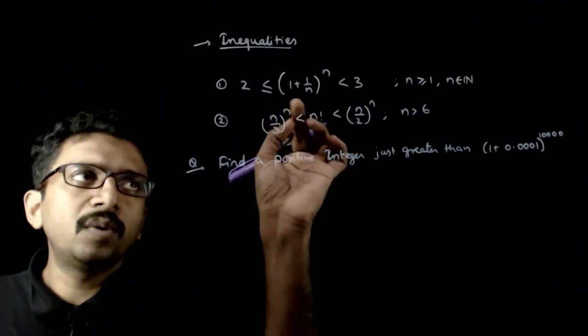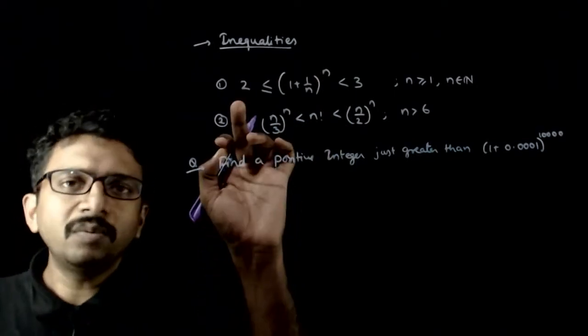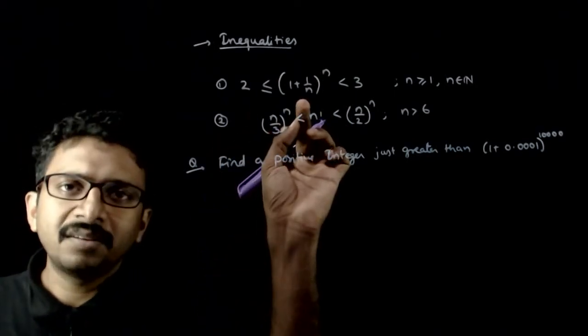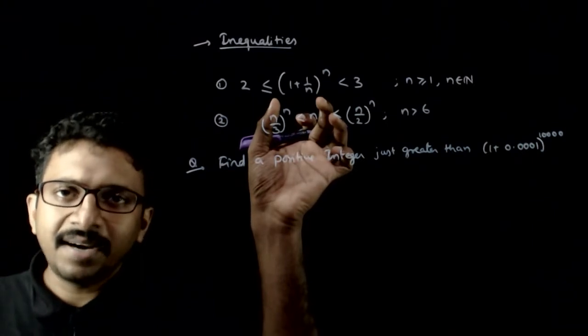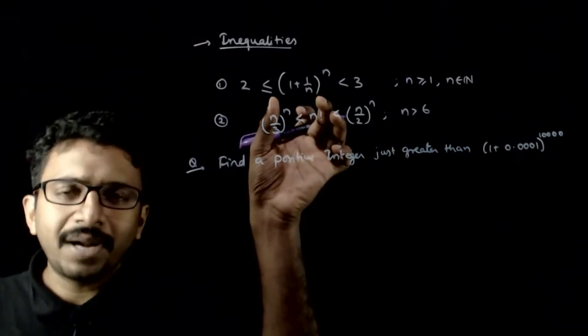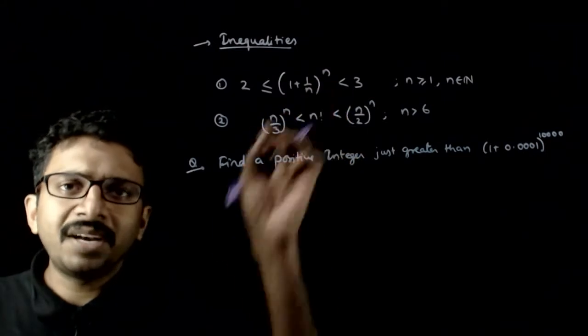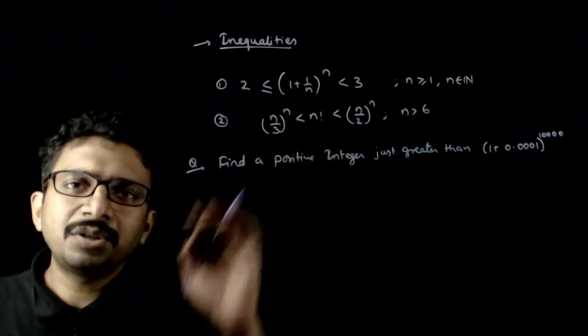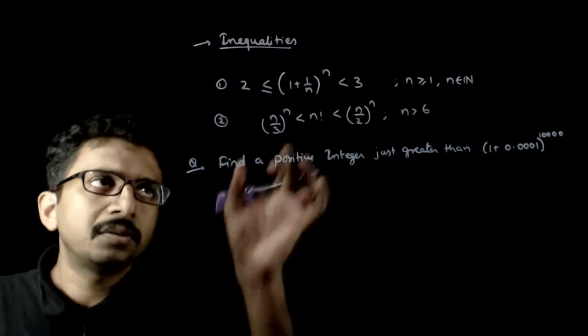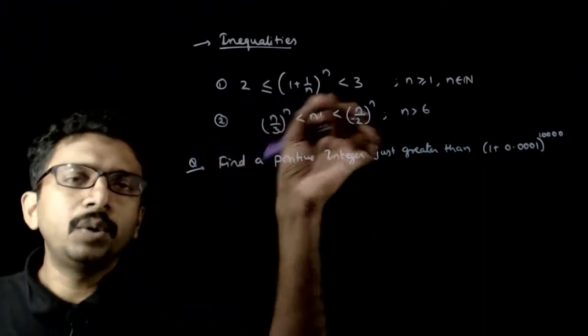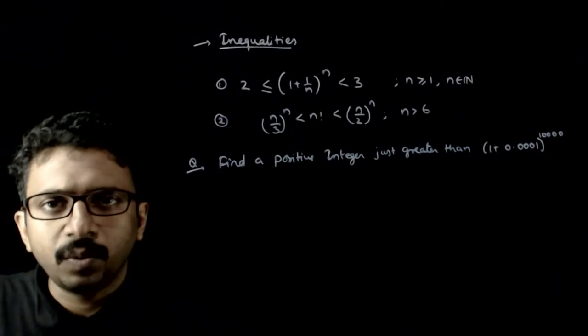So if n is equal to 1, 1 plus 1 whole power 1 is 2, and as you increase n, the value of this increases, and as n tends to infinity, that is when n is a very large number, this number tends to the value of e, which is 2.718, and so on. So we can see that this number is always in between 2 and 3 for all n greater than or equal to 1.